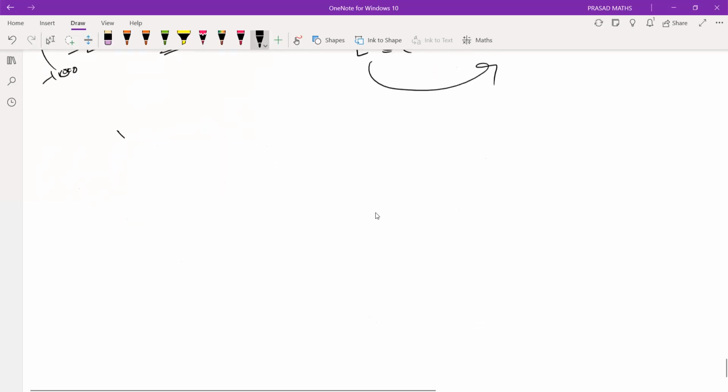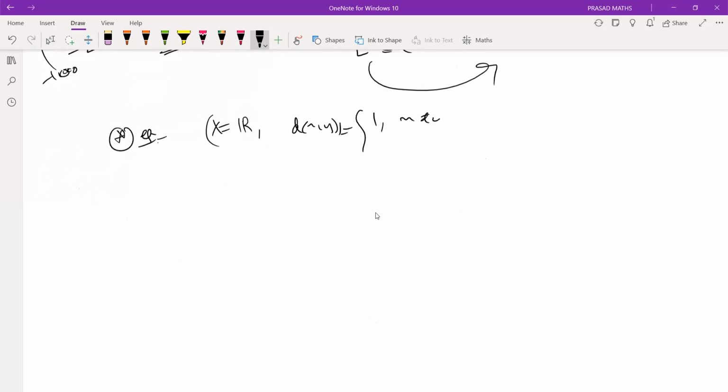Suppose I take this example. Suppose I take E equals the natural numbers. First you need to go through the usual lemma.